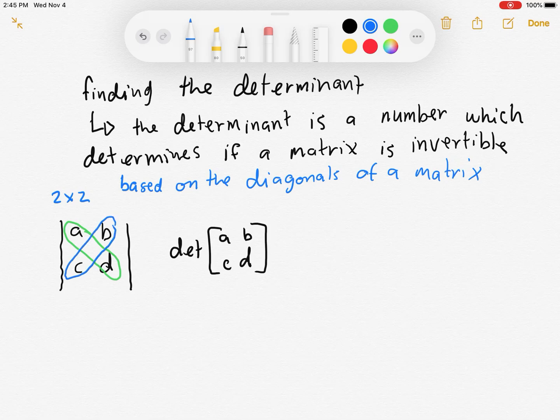It's this one that I'm circling in blue. I generally call that the other diagonal. To find the determinant, you simply take the main diagonal, multiply the elements together, and then subtract out the other diagonal.